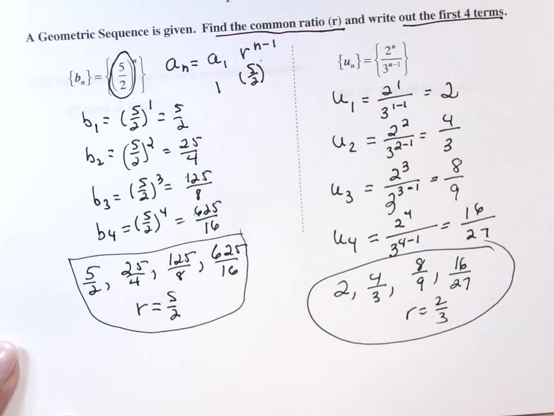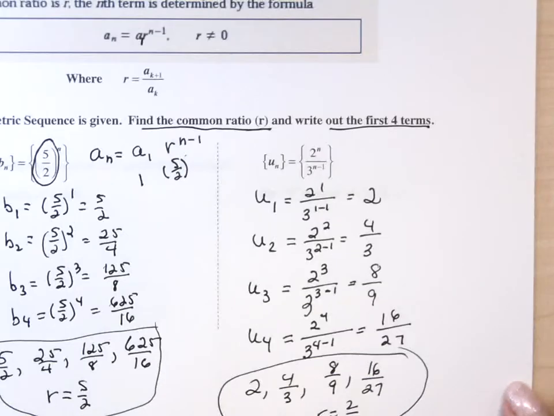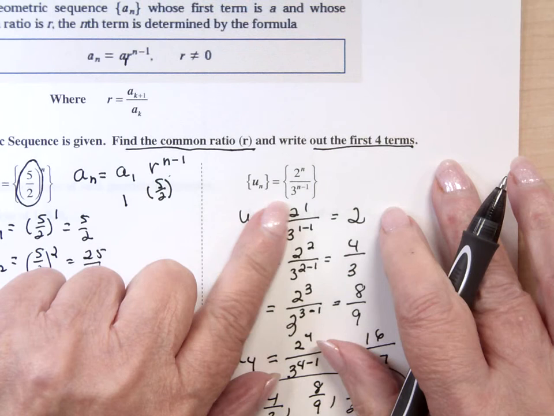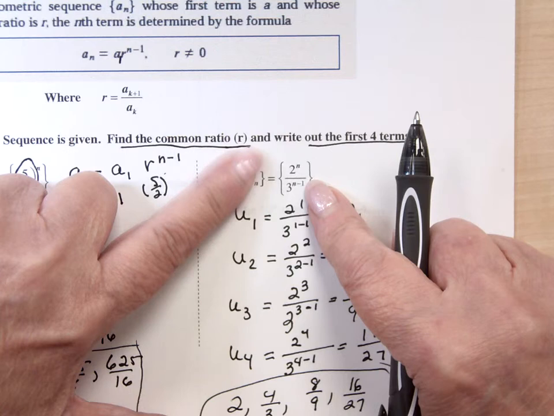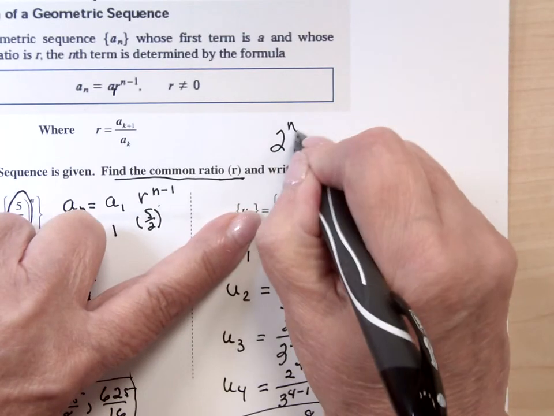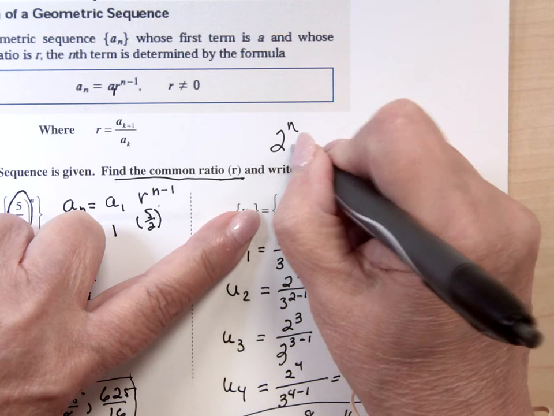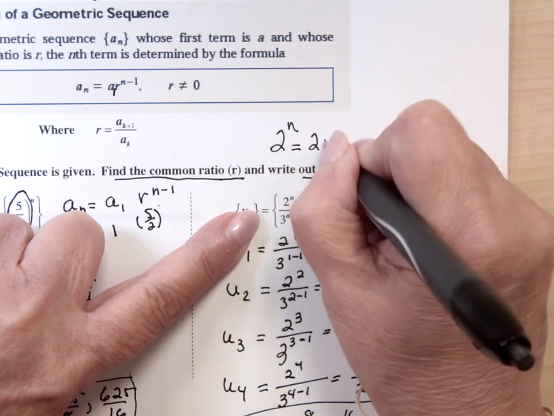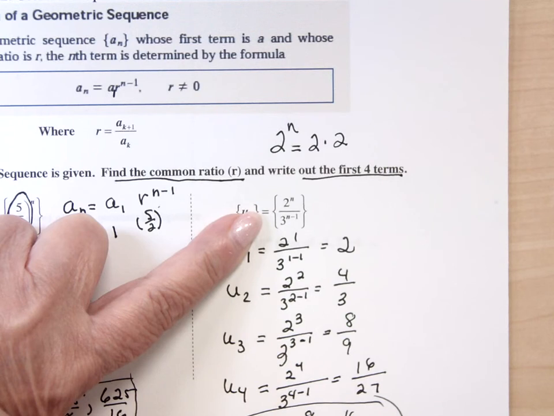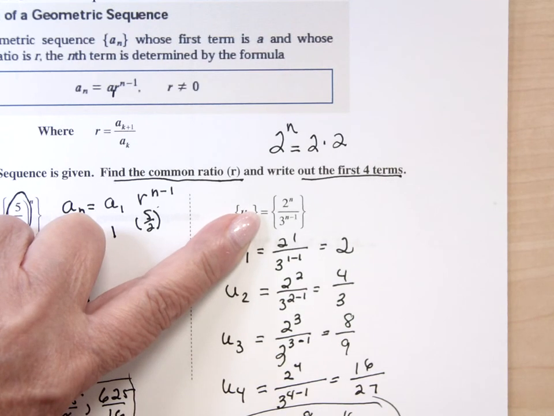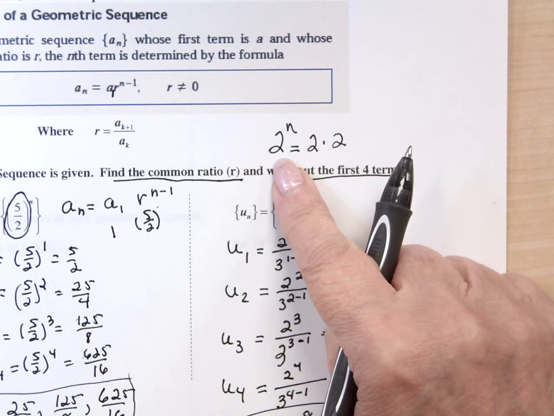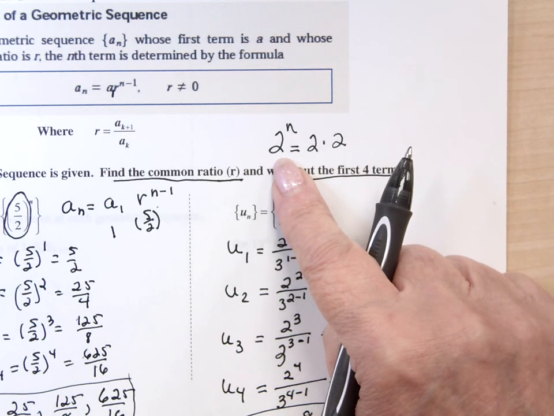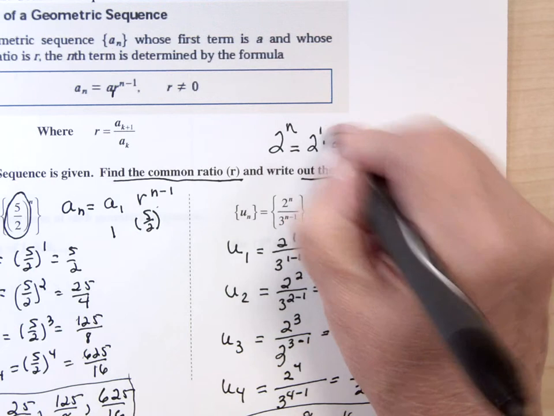Now if I wanted to write this into that proper form, and you're not going to like this, and you can ignore me if you like, have these two exponents be the same. If I'm looking at 2 to the n, 2 to the n is 2 times 2 to what power? What did I pull away? How many 2's? 2 to the 1.